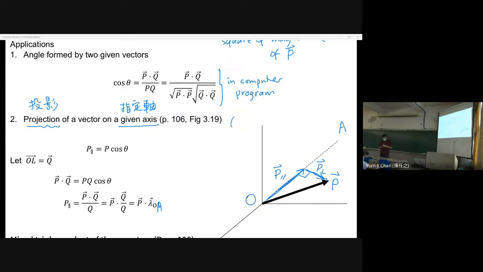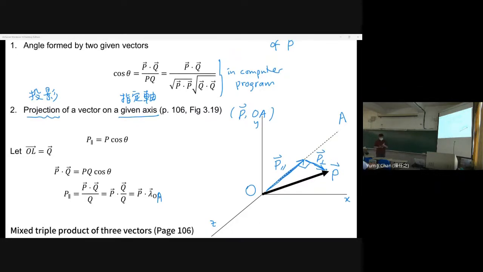Remember, P and OA are all in 3D, so it is not easy to do it by putting it on XYZ. So suppose these are in 3D, and of course we have angle theta here. So the length of P parallel is equal to P cosine theta.